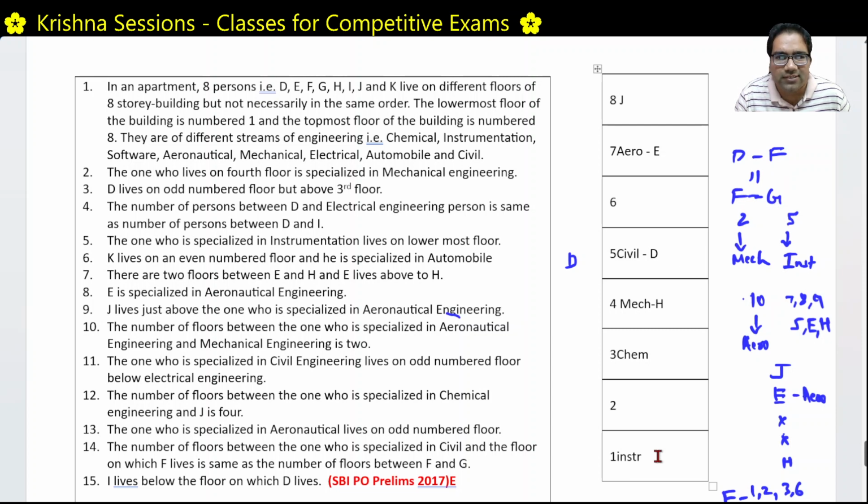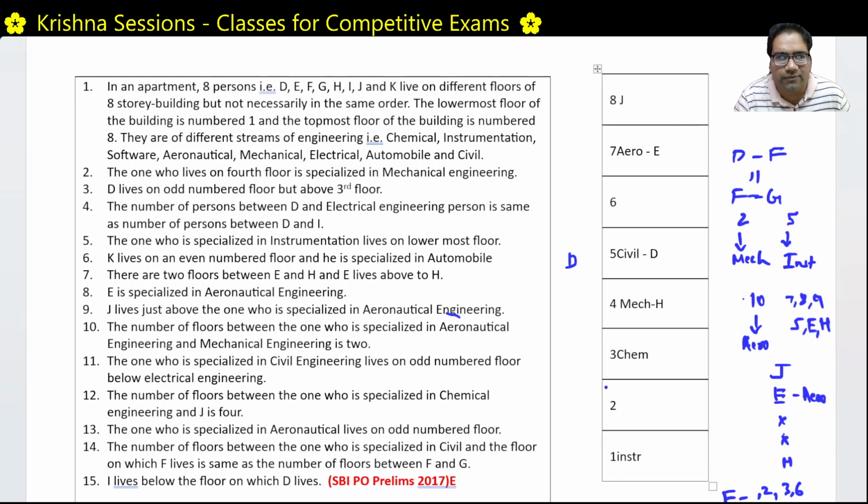If F takes this, then G has to take this, because the distance between D and F should be equal to the distance between F and G. There is nothing below F, so naturally G has to take only this. This is not possible because it is already taken by D. So F first position is not possible, and this is eliminated.